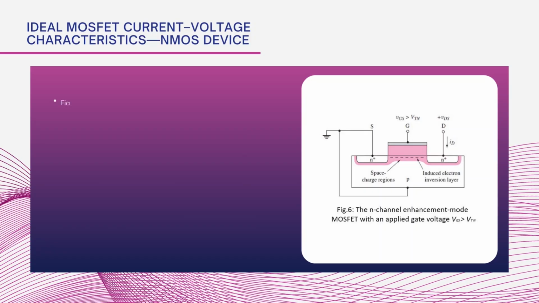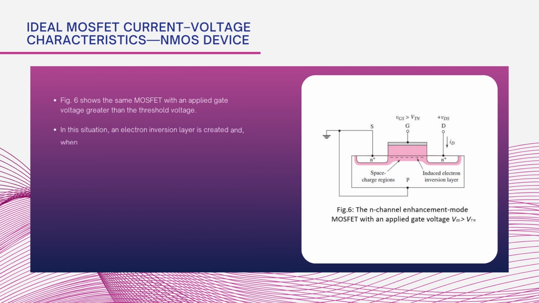So, this figure shows the N-channel enhancement mode MOSFET with an applied gate voltage VGS greater than the threshold voltage, that is, the gate voltage is greater than VTH. Here we can see the inversion layer has formed due to the voltage at the gate terminal.